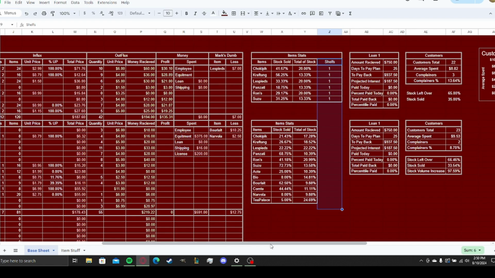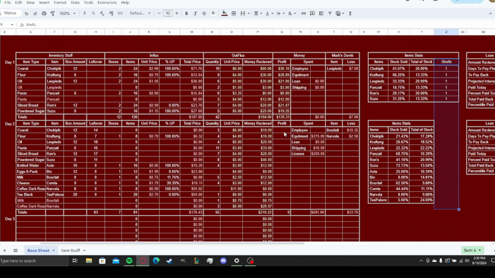Anyways, so you'll notice that's different. The profit lane is not filled in, and that's because I realized there's a small problem. This all started with the boxes and items.